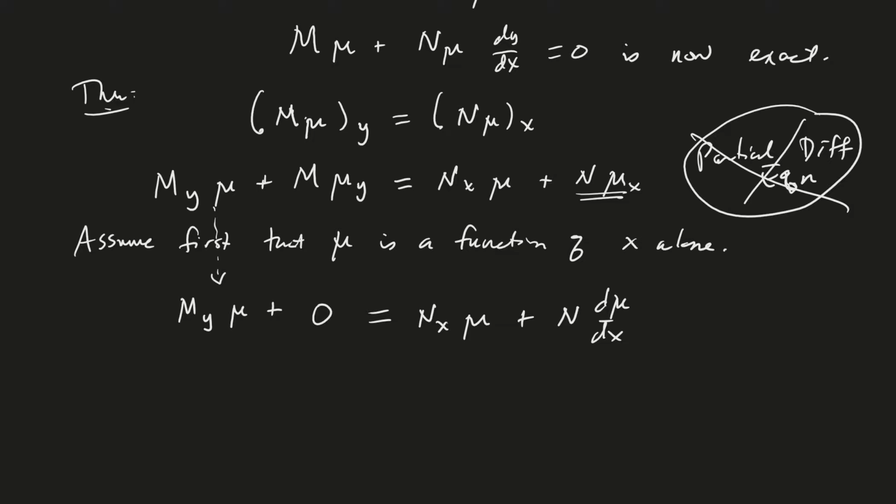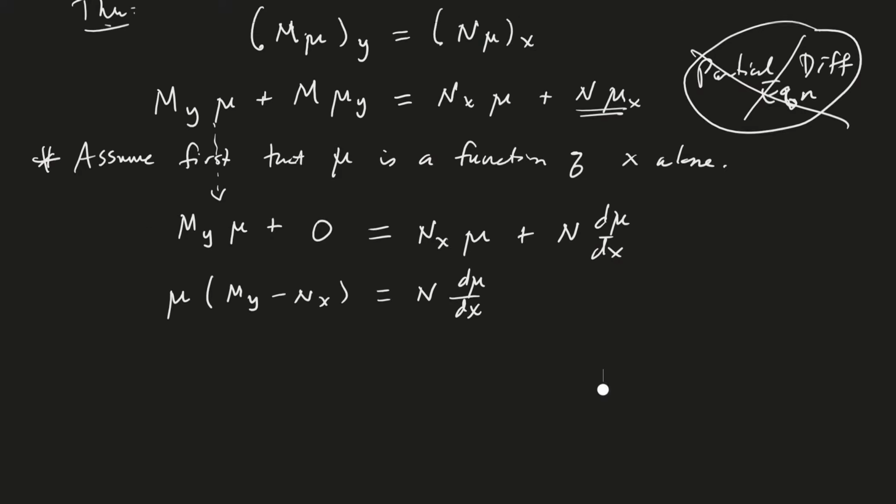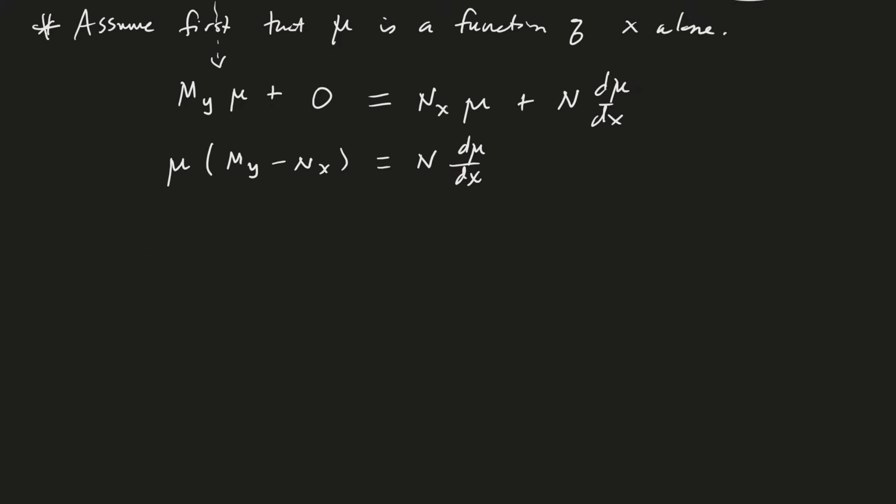And so if this is the case, if mu is a function of x alone, then we should be able to write, I can bring this over, M_y minus N_x equals N times d mu over dx, right? And so then we have, sorry about that, things are flying around here, M_y minus N_x divided by N is equal to d mu over dx.